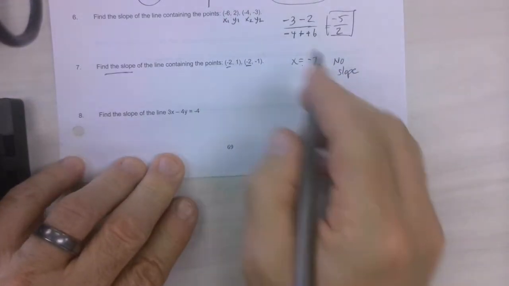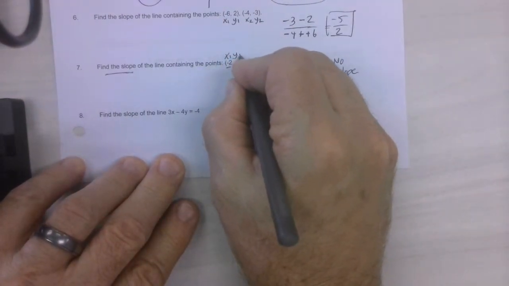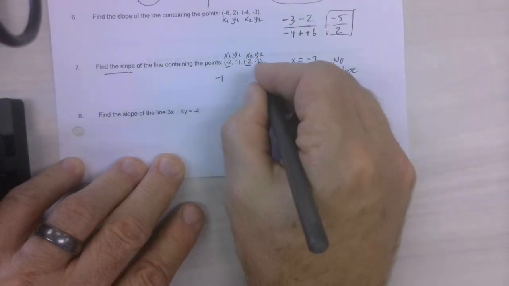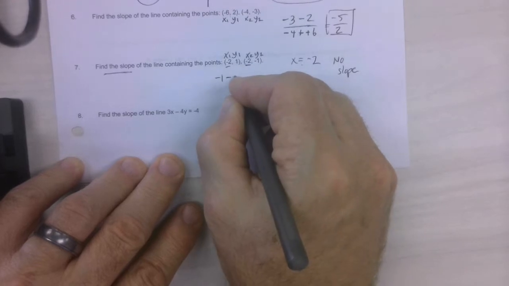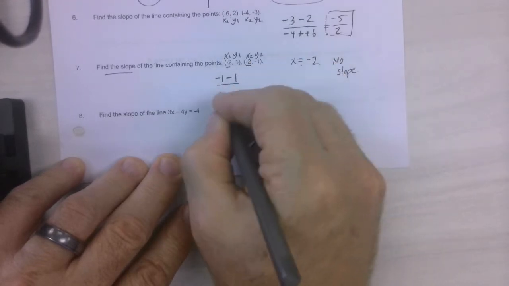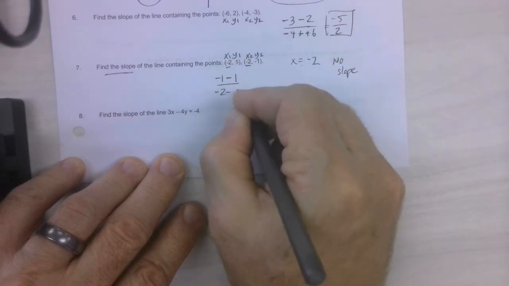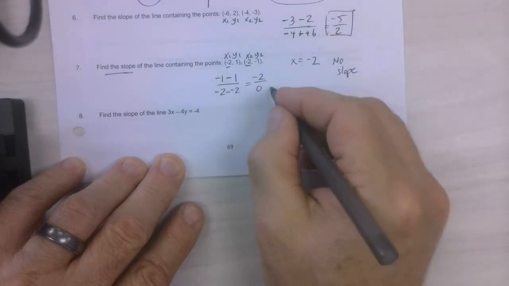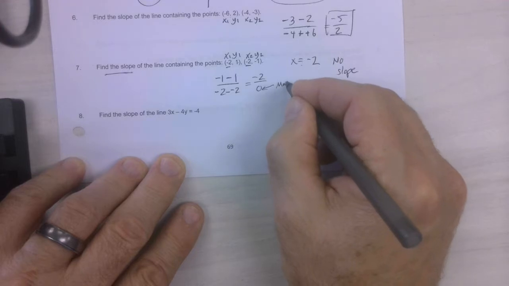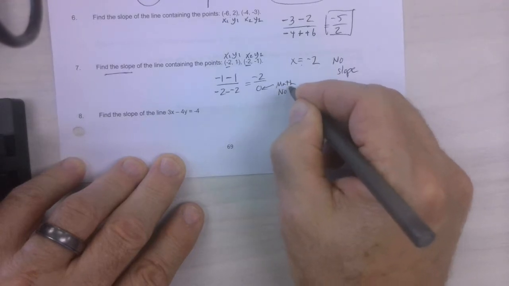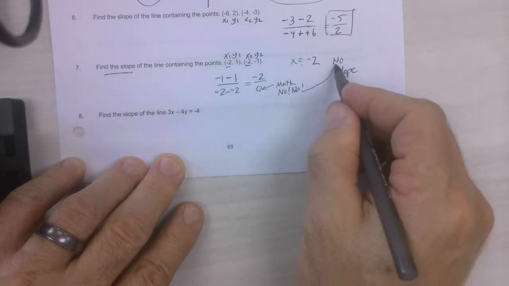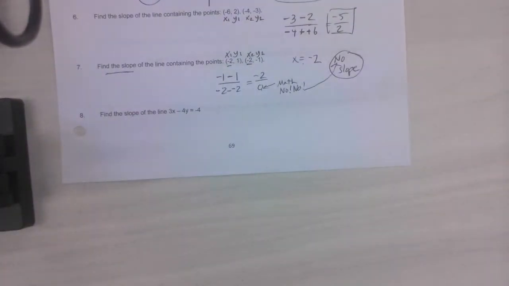But if you didn't pick up on that, you'd probably go x1, y1, x2, y2, plug it into the formula, y2 minus y1 over x2 minus x1. That'd be -2 over 0, which mathematically, can you do that? No. You can't divide anything by 0. That's why it's called no slope. There's no mathematical explanation for having 0 in the denominator.